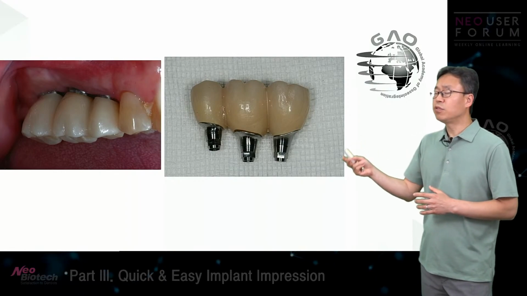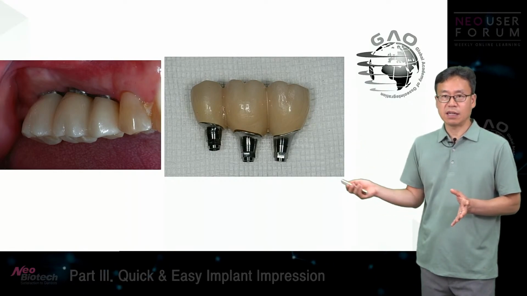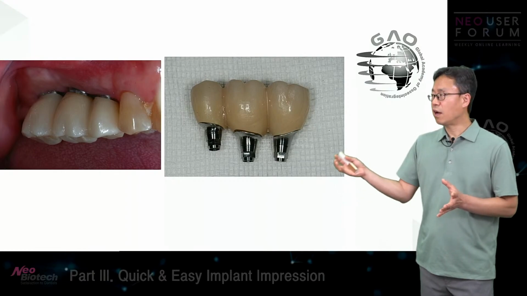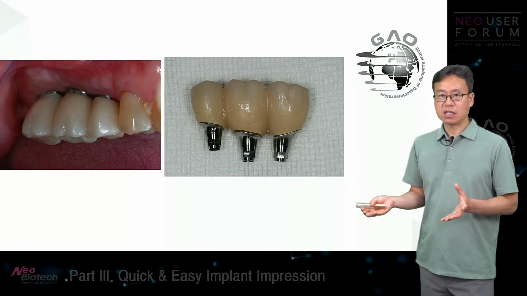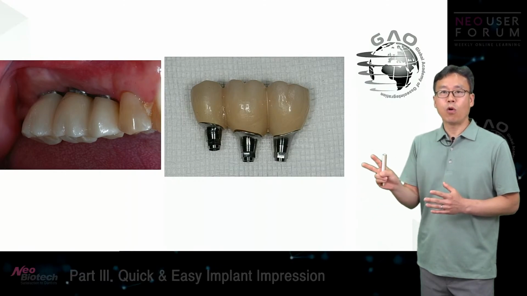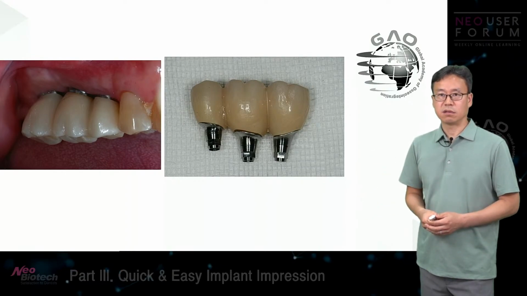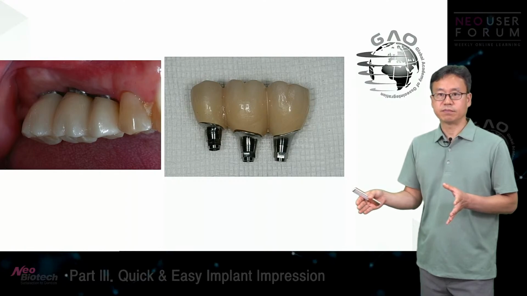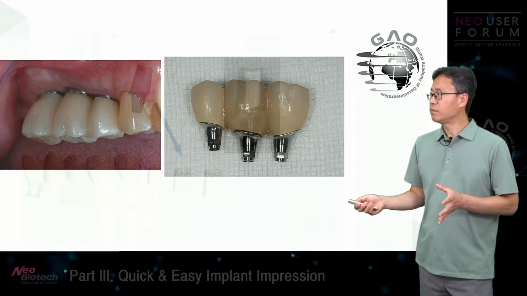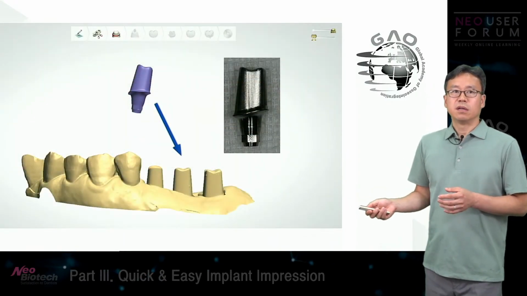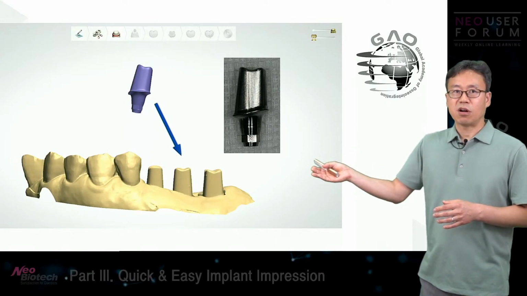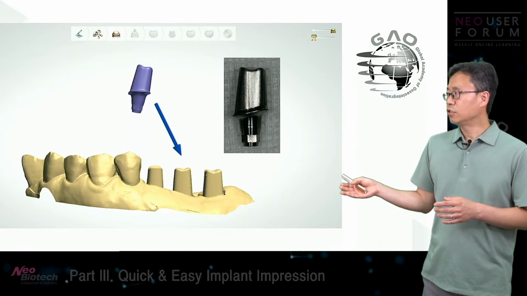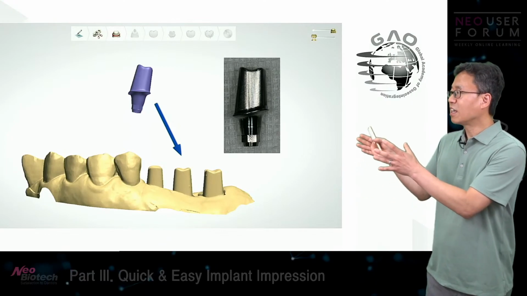I'm sure many of you have experienced something like this. The crowns just wouldn't go in, especially when we're dealing with 2 or more implants, splinted crowns. The scan data of these milled abutments are merged onto the original CAD design.